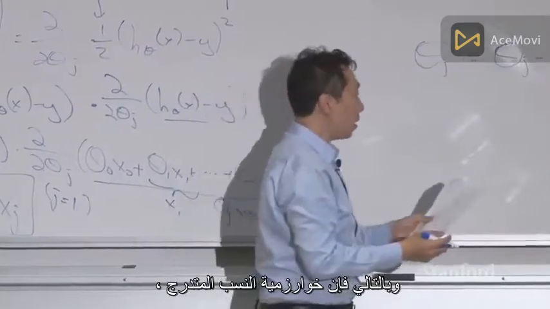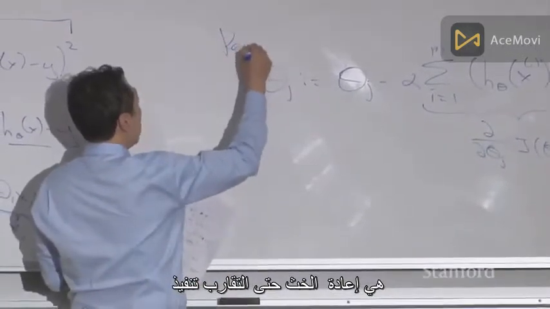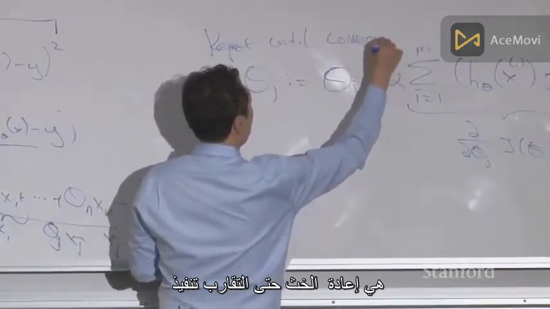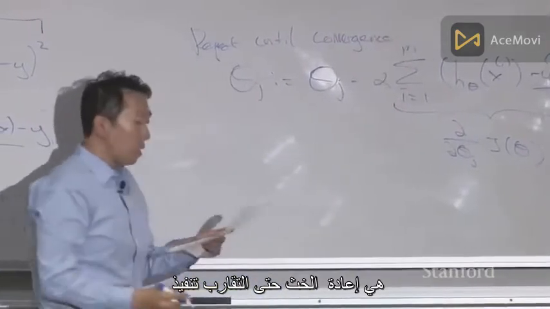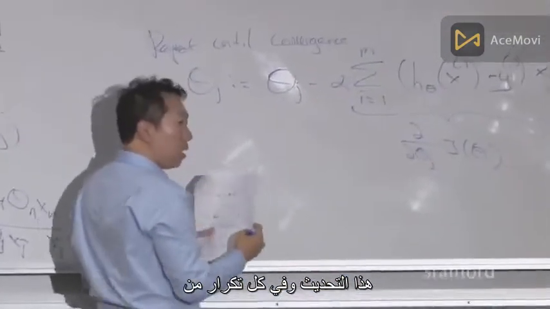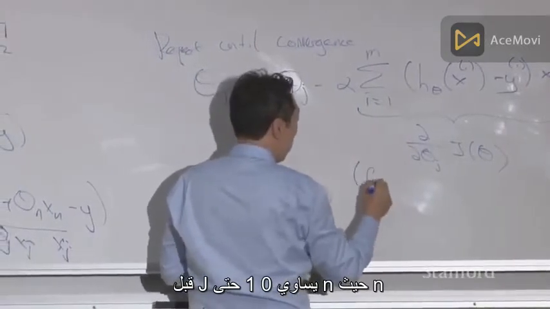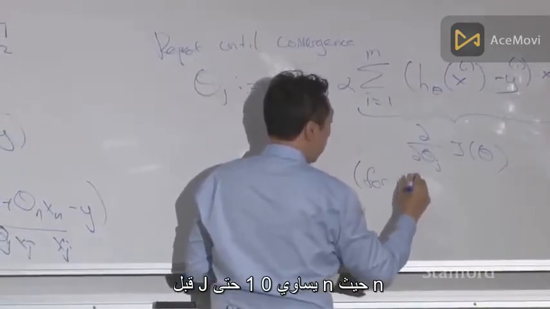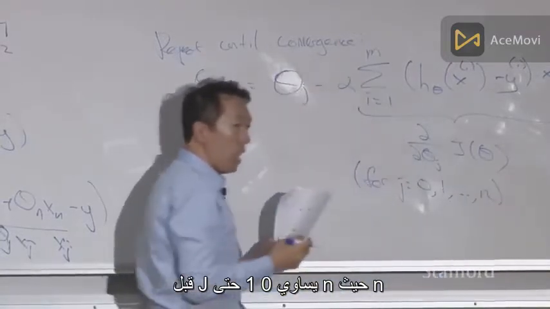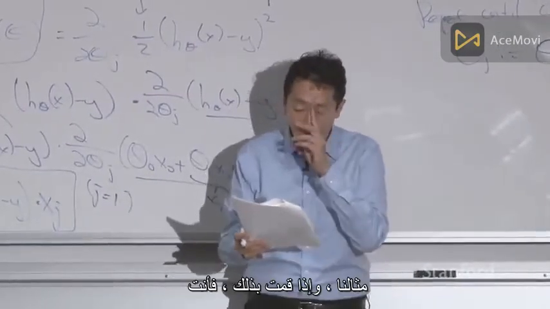And so the gradient descent algorithm is to repeat until convergence, carrying out this update, and in each iteration of gradient descent, you do this update for j equals 0, 1, up to n, where n is the number of features. So n was 2 in our example.